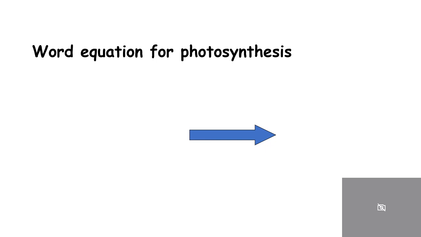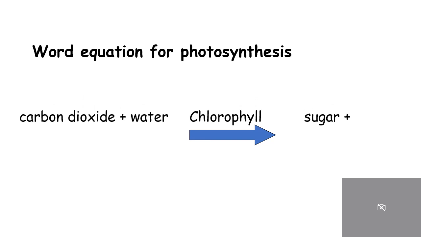Now, we can also represent the process of photosynthesis in the form of a word equation. So let's have a look. First are the two basic essential things, that is carbon dioxide and water, in the presence of sunlight, that is the light energy. And what does it require?